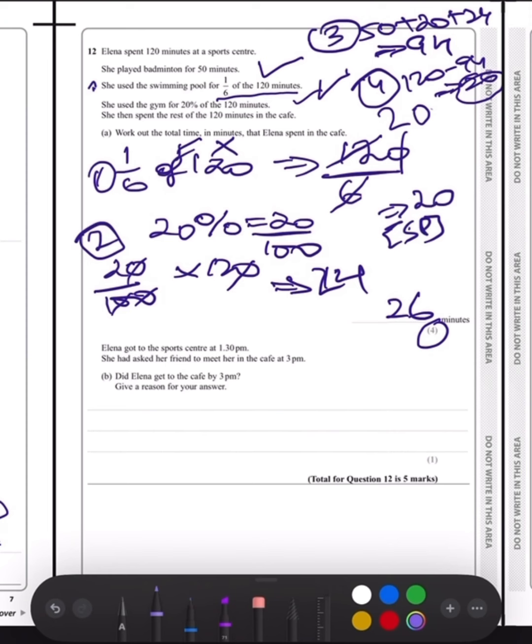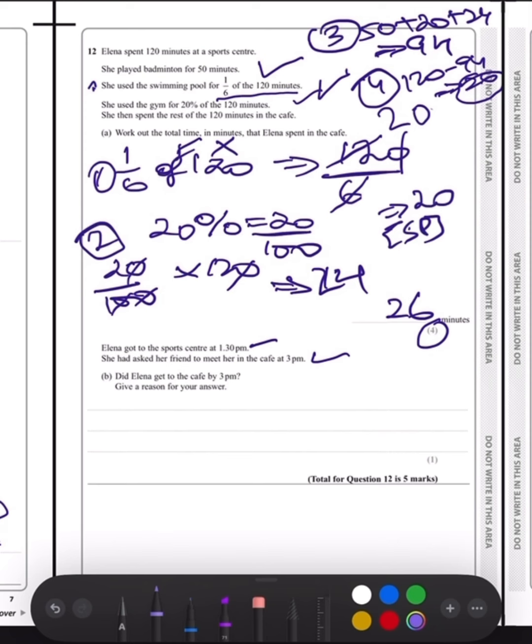So you basically need to check if she got to the cafe by 3 p.m. Now how do we do that? So we basically know that 1:30 p.m. Now we've got the time 1:30 p.m. here, 3 p.m. here.